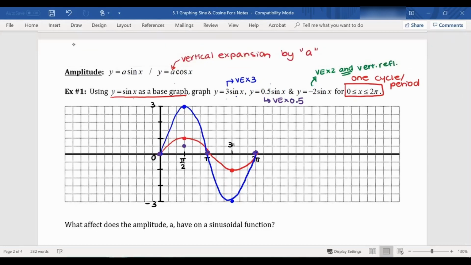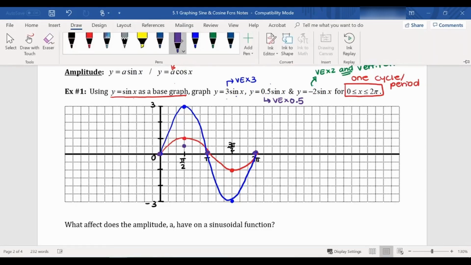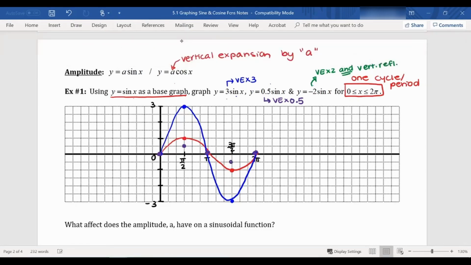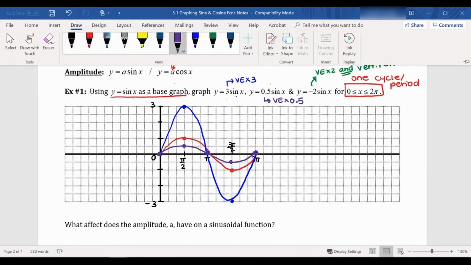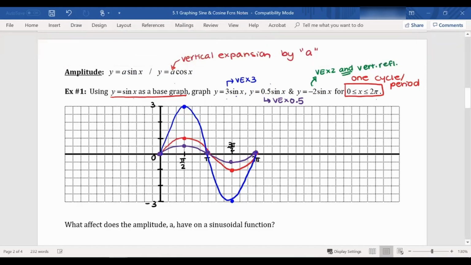Let's put this here. And you'll see that this now looks like the red graph has been squished vertically so that it's half as tall as it was before. Okay. So you don't have to draw the basic graph every single time, but I find it very helpful. I still draw the basic graph and help.